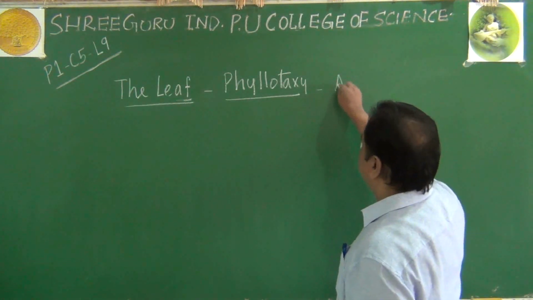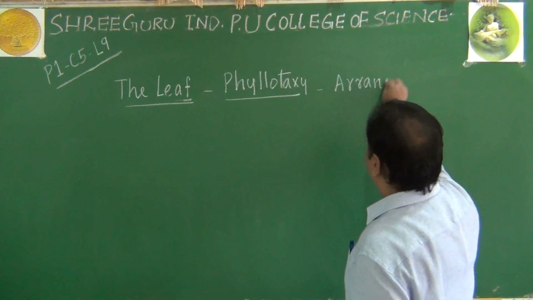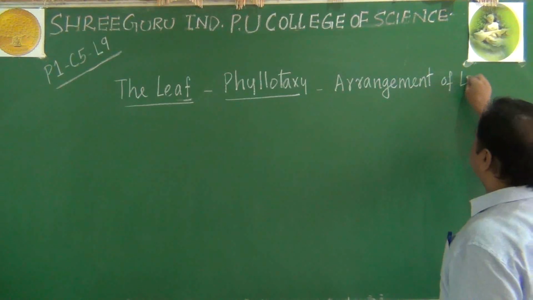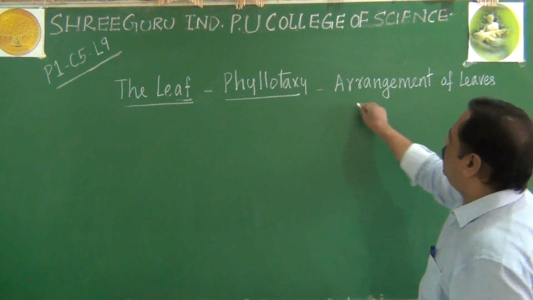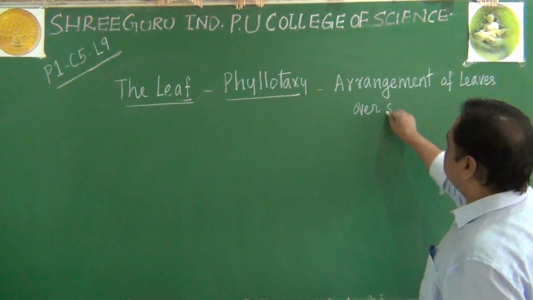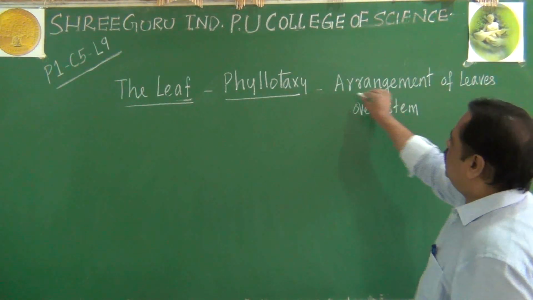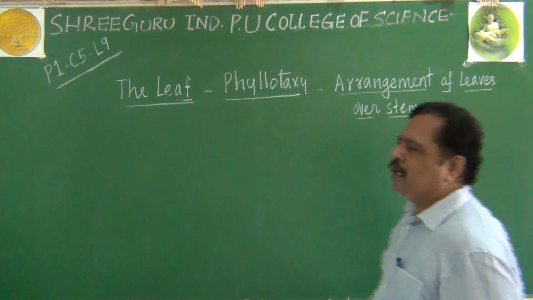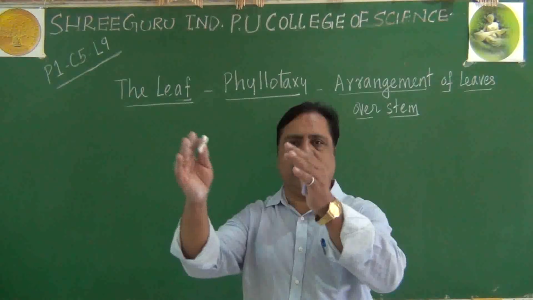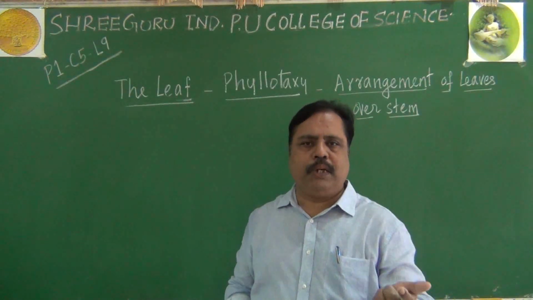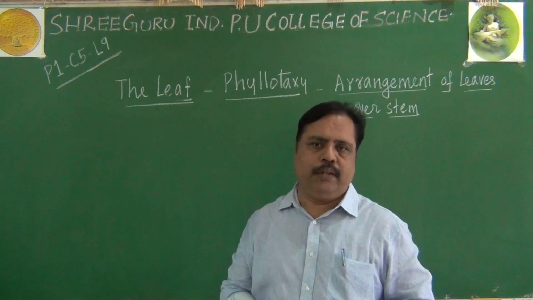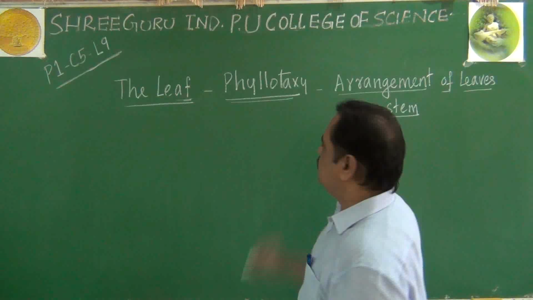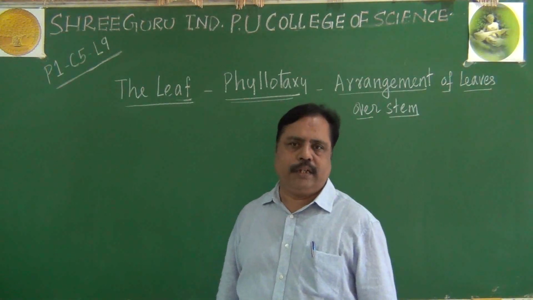Phyllotaxy refers to arrangement of leaves over the stem of the plant. Leaves are arranged on stem, but in all the plants there is no similar arrangement. Different plants exhibit different arrangement of leaf over the stem. Those arrangements are together referred as phyllotaxy.